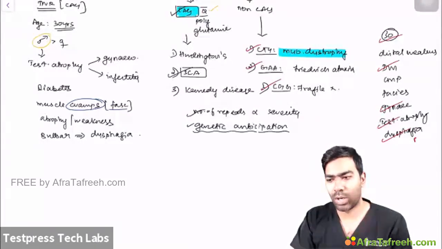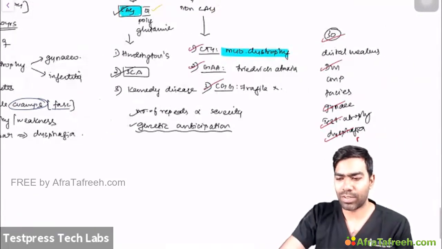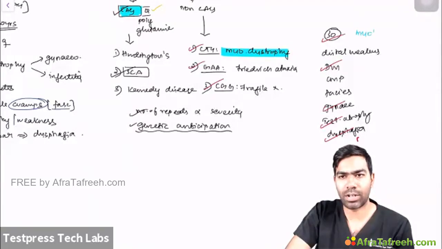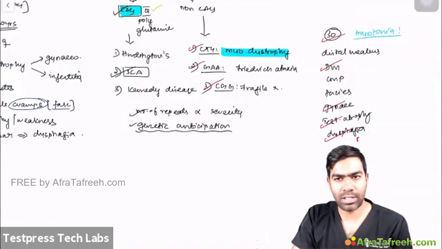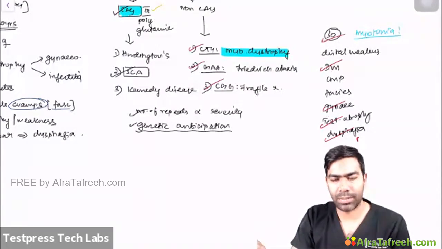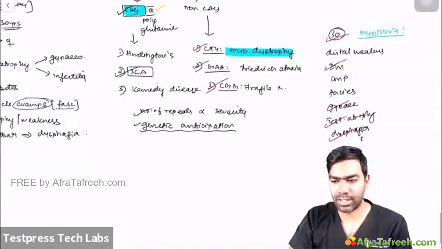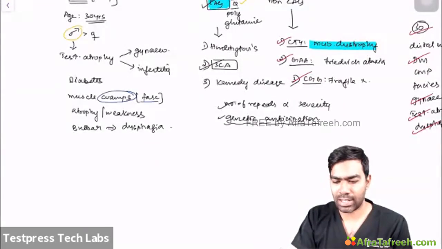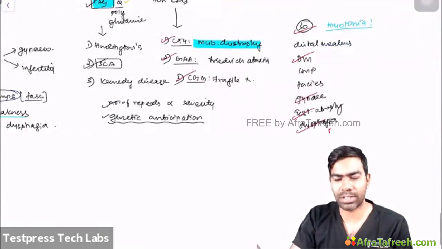Then what is the thing that separates myotonic dystrophy? Myotonic dystrophy will have something called myotonia. If you have myotonia, this is definitely not a feature of Kennedy's disease. At the same time, atrophy and fasciculations are never a feature of myotonic dystrophy because it's a muscle disorder.